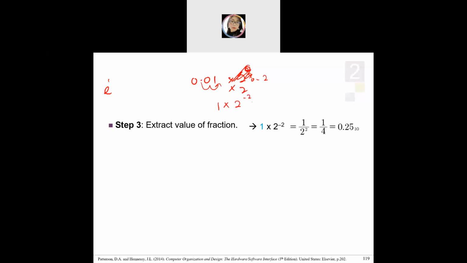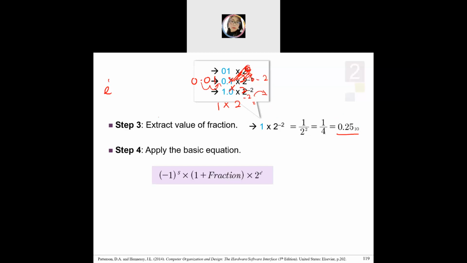Now here we get the value, and we convert it to decimal. So we will get 0.25. This is the decimal value. But now we have not yet applied it in our IEEE format. The basic equation for IEEE has the sign and also the fraction.